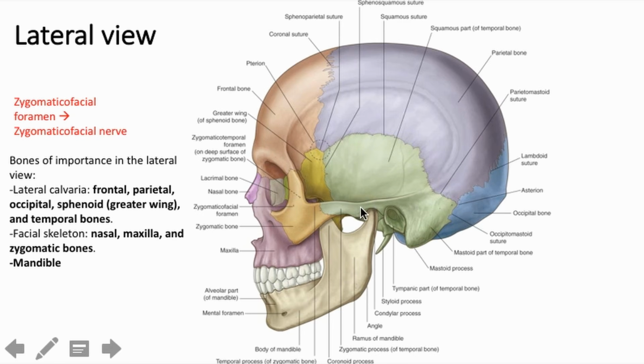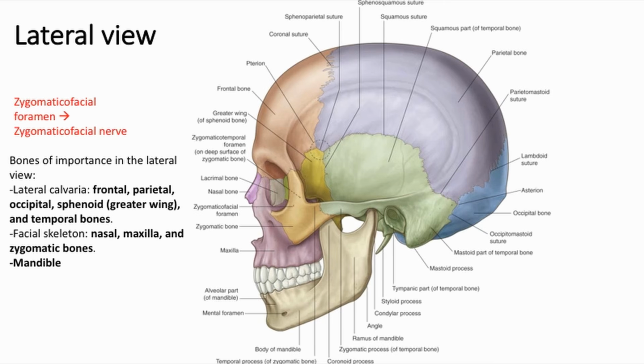We also have the zygomatic process in here of the temporal bone, which is an anteriorly directed bony projection on the lower surface of the squamous part of the temporal bone. It initially projects laterally and then curves anteriorly to articulate with the zygomatic bone. Together, those two form the zygomatic arch.